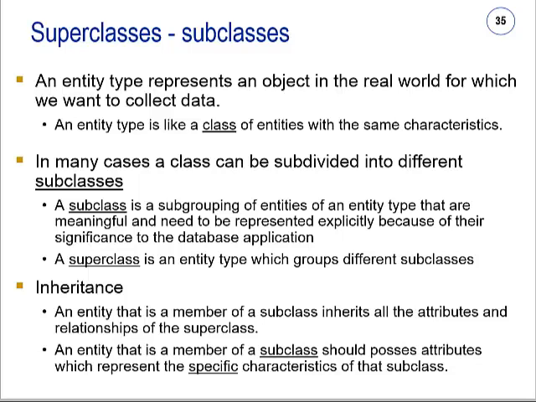For example, in our case, a professor will have specific attribute types, such as date of PhD, when the professor obtained his or her PhD, and academic degree, whether the professor is an associate, assistant, or a full professor. Those are attribute types which particularly relate to the professor subclass, but not to the student subclass.